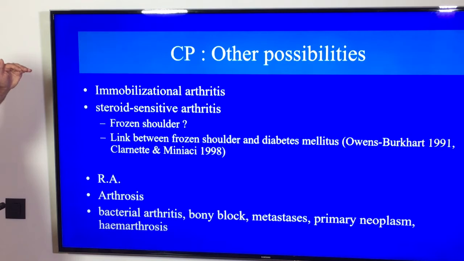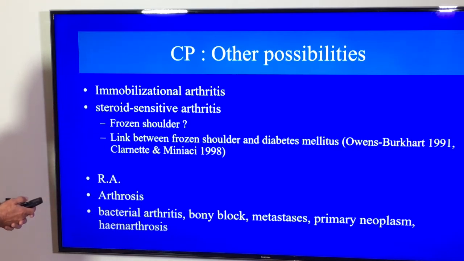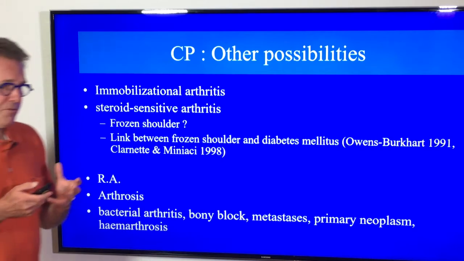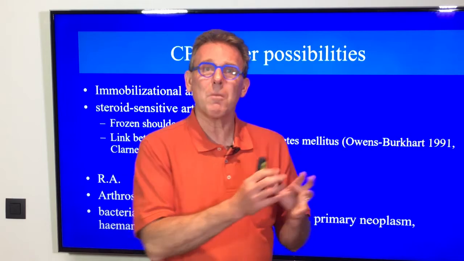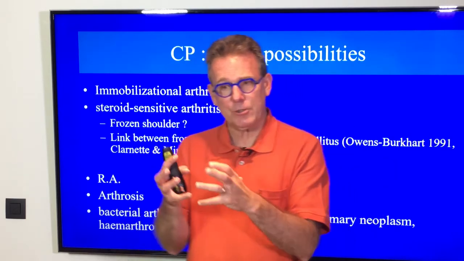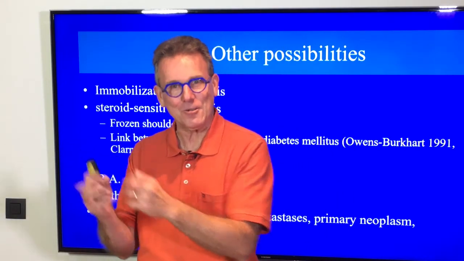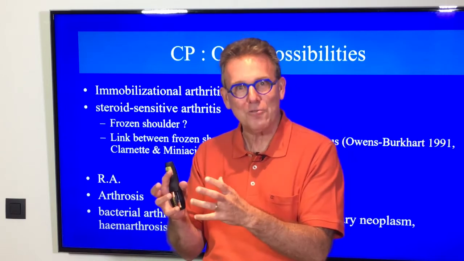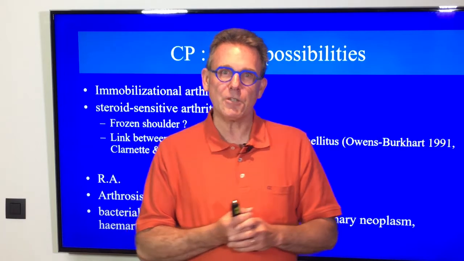Other options: rheumatoid arthritis, simple arthrosis, and then some complications such as a bacterial arthritis, for instance. So if you summarize, actually the traumatic arthritis with the story and the steroid-sensitive arthritis without provoking factors, without overuse, without trauma, those are the most frequent ones.